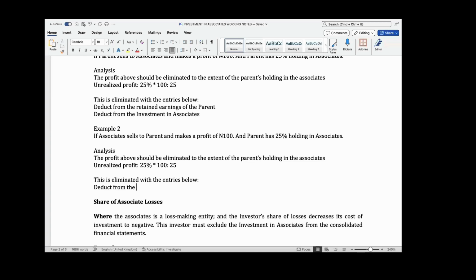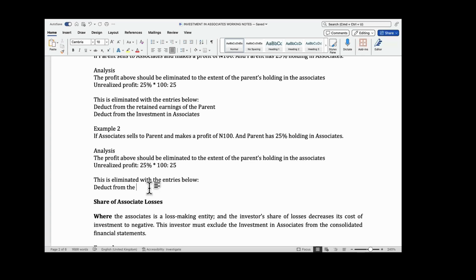Because the associate sold inventory to the parent, and since we are going to consolidate the inventory, we can come in.